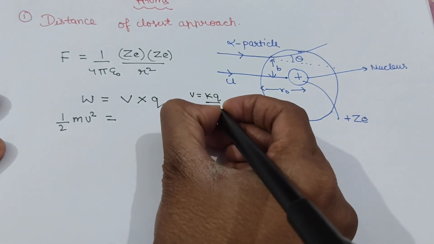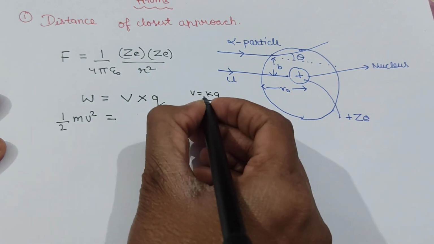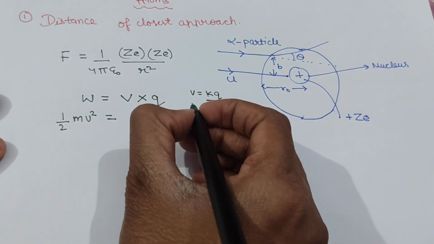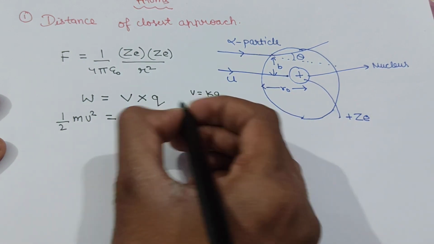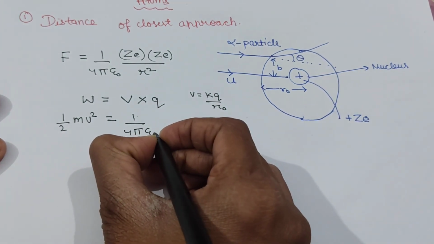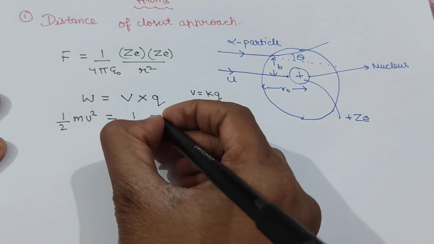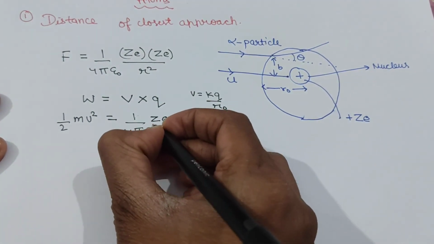So here r is the distance of approach, and k is 1 by 4 pi epsilon naught, and while writing q, we know that q is Ze, so we'll write Ze by r.